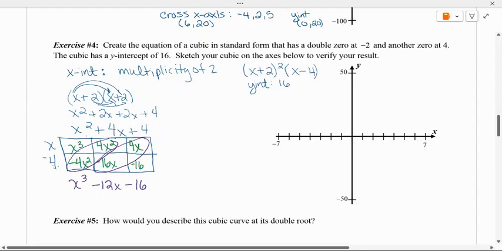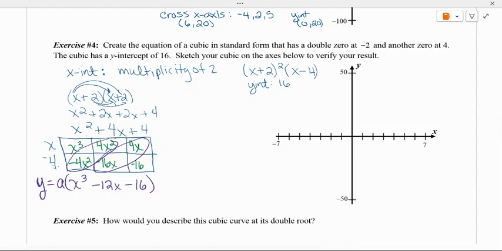Okay. It says that it has a y-intercept of 16. What does that help me do to figure out what a is? Well, let's look at it. y equals a times whatever this function is. When does the y-intercept happen?